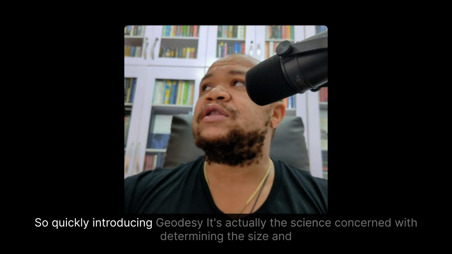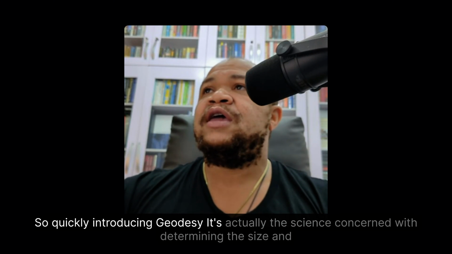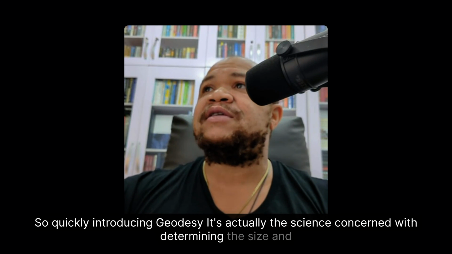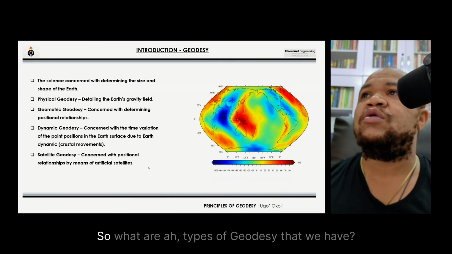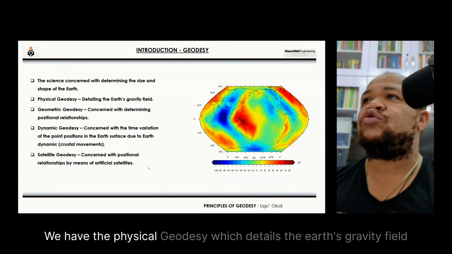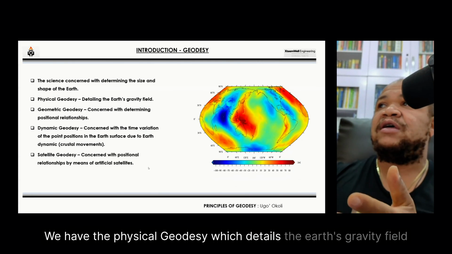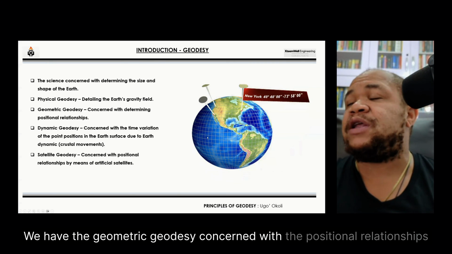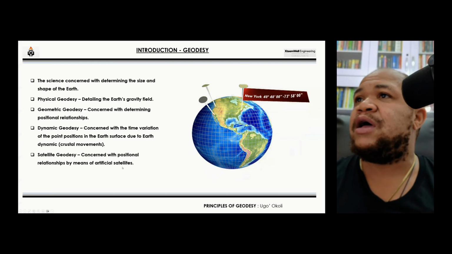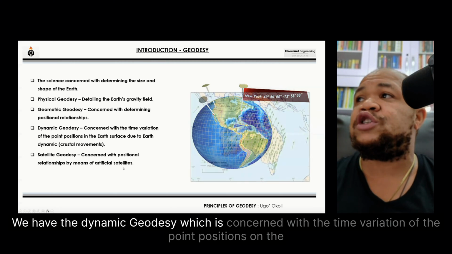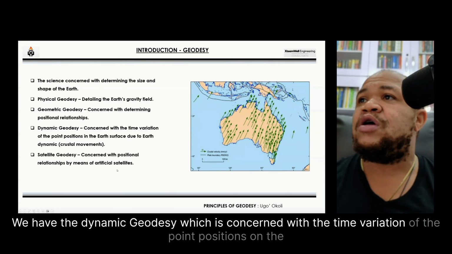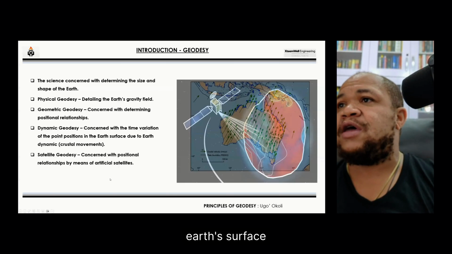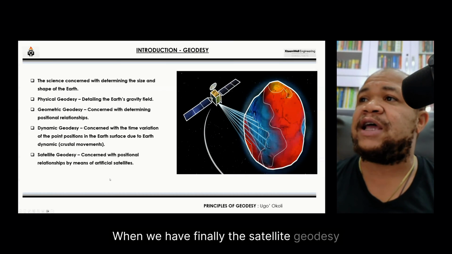So, quickly introducing geodesy. It's actually the science concerned with determining the size and shape of the earth. So what are the types of geodesy that we have? We have the physical geodesy, which details the earth's gravity field. We have the geometric geodesy, concerned with determining the positional relationships. We have the dynamic geodesy, which is concerned with the time variation of the point positions on the Earth's surface. And we have finally the satellite geodesy.